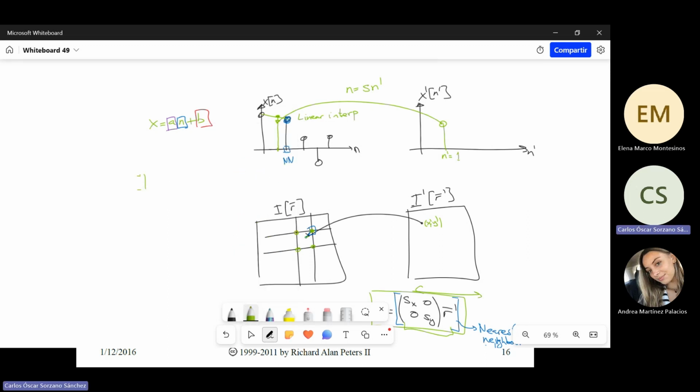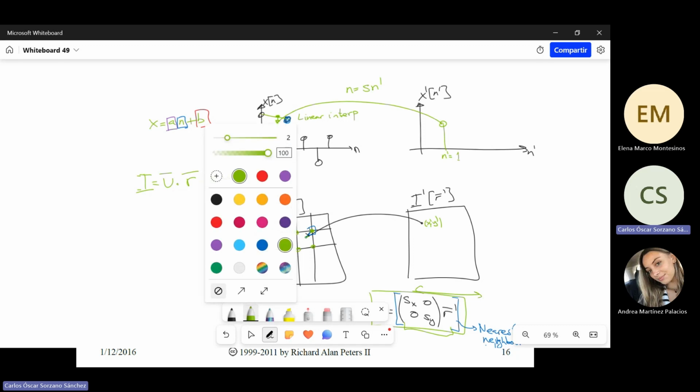We will interpolate our image. Now we have 2 coordinates, x and y. We have to multiply by something that is a vector, and then it has the same structure.